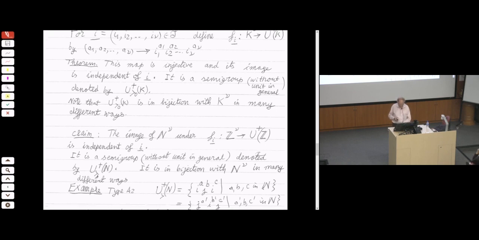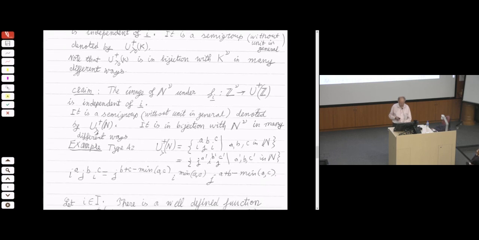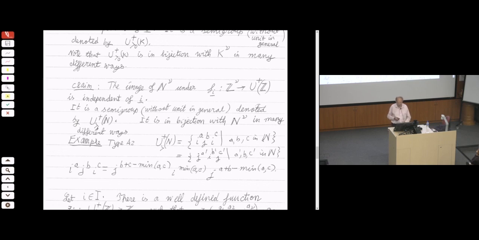For example, in type A2, which I mentioned before, this corresponds to all products I to the A, J to the B, I to the C, with A, B, C natural numbers. This can also be written as a product of J to the A prime, I to the B prime, J to the C prime, again with natural numbers, and the relation between those two parametrizations is like this.